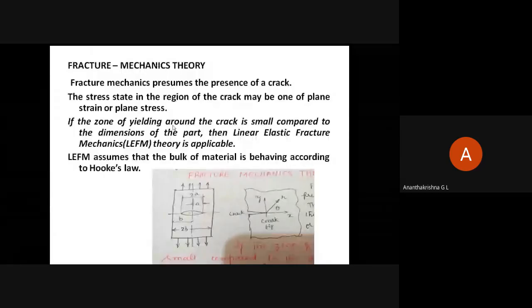The stress state in the region of the crack may be plane strain or plane stress. If the zone of yielding around the crack is small compared to the dimensions of the part, then the LEFM approach is applicable. LEFM assumes that the large amount of material will behave as per Hooke's law. So this is the initial thing about linear elastic fracture mechanics.